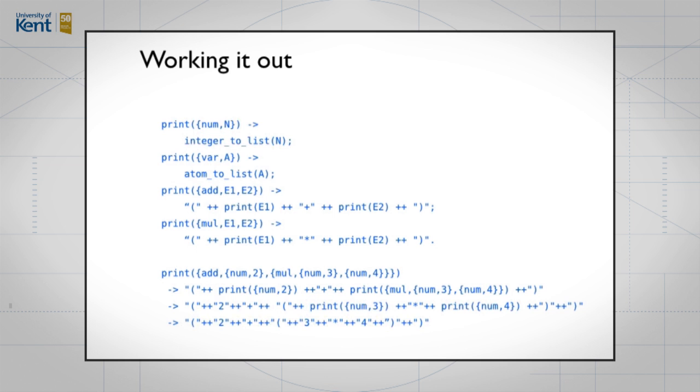So that will turn out to look like this. So what we have now is a long string joined together with plus plus, which when we join all the pieces together, we have precisely what we would expect.